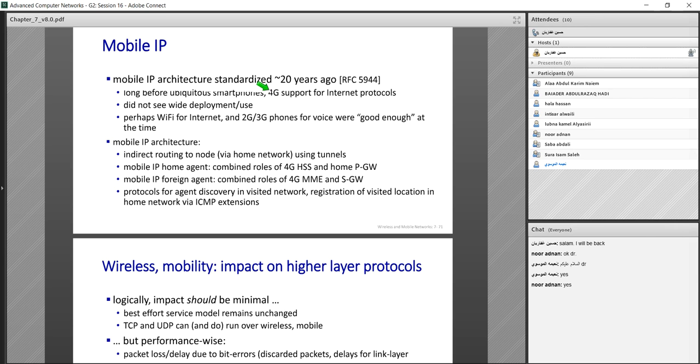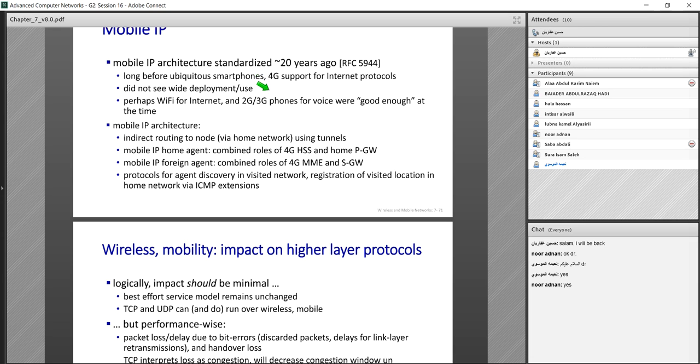But in 4G and especially in 5G, IP dominates the background of 4G and 5G technologies. So it's the time, and in 4G and 5G we mostly use the mobile IP protocol, so we need to care about the mobile IP architecture.